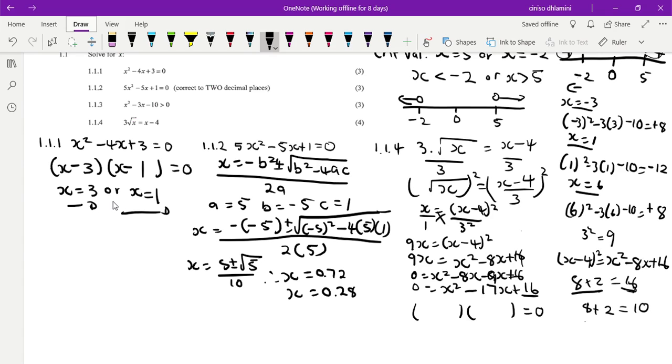So you must use another factor. 16 times 1 is also a factor of 16, and 16 plus 1 gives you 17, or minus 16 minus 1 gives you minus 17. So the factors of x squared are x and x, and then you use 16 and 1. The bigger number takes the sign of the middle term, but now because both give you 17, both will take the negative. So x equals 1 or x equals 16.